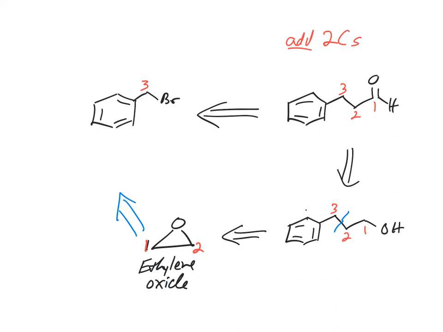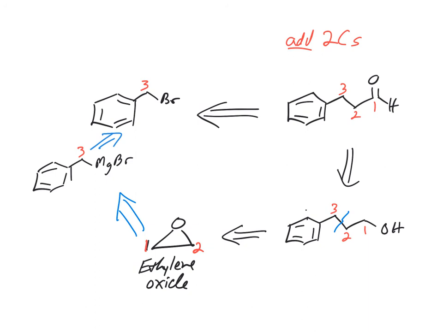Well, if you see alkyl halides, you should think, could I turn that into a Grignard reagent? That's a good way to take a carbon attached to a bromine and turn it from an electrophile into a good nucleophile. So that gives us our final step backwards.